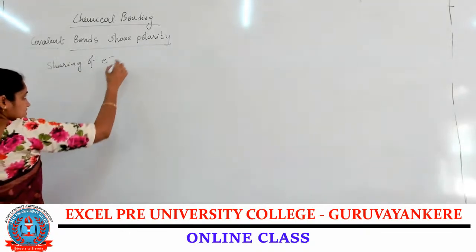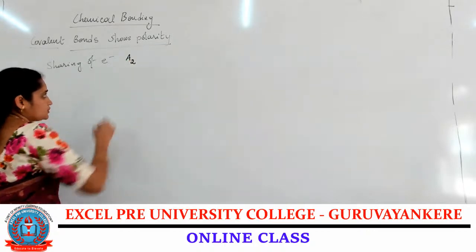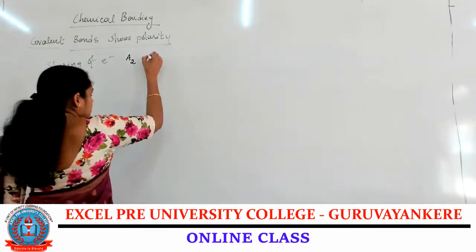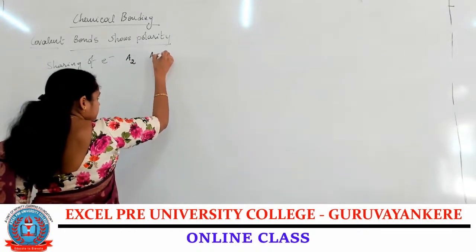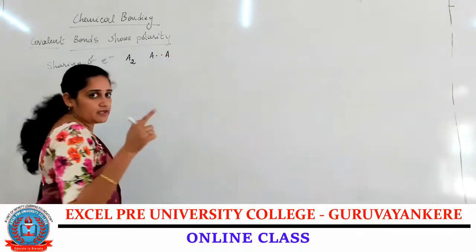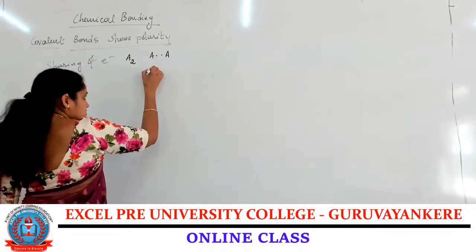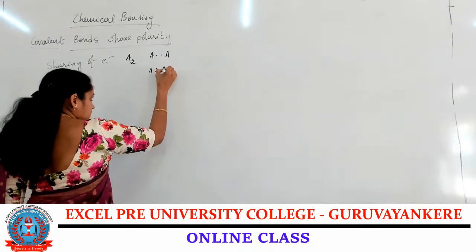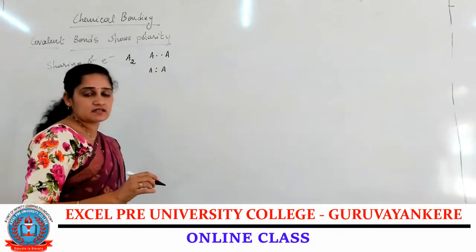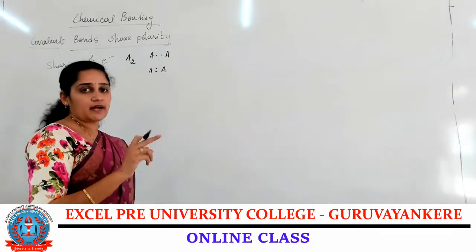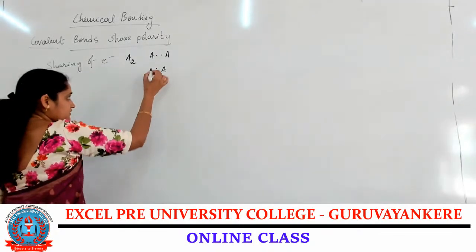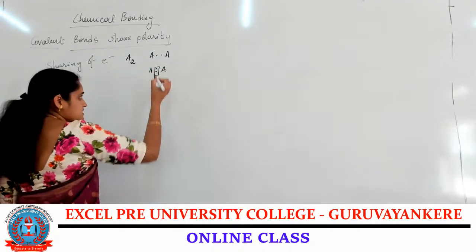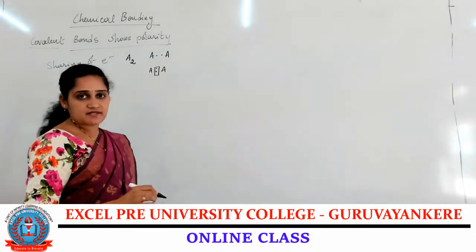Now, if I consider A2 as a molecule, between the A and A atoms two electrons will be present, at the mid of the two atoms after the sharing of the electrons.